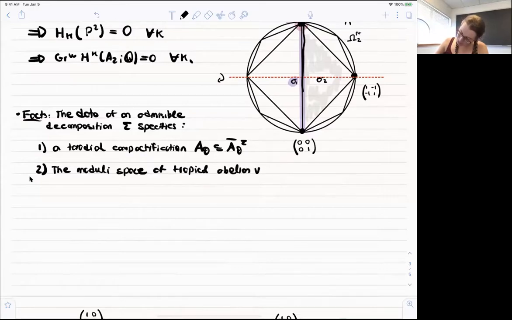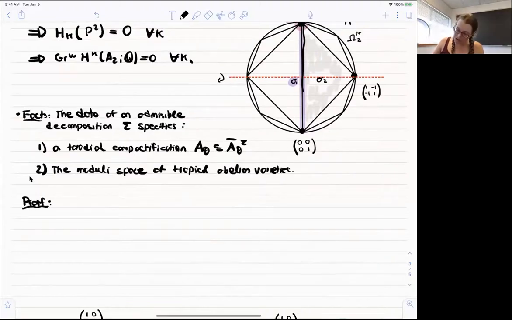I haven't said what these are, and I'm not going to, since I'm almost out of time, but there is a notion of a tropical moduli space of abelian varieties that was due to Brannetti, Melo, and Viviani, and Chan, Melo, and Viviani. And somehow the data you need to construct this is exactly the data of an admissible decomposition of omega GRT. And so now I can quickly sketch what's going on in the proof of this theorem.